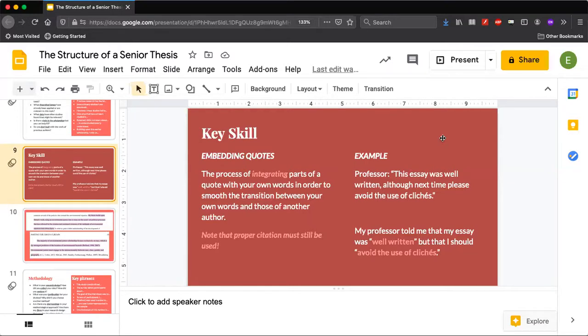So here's an example, not an academic example, but suppose your professor gives you some feedback. They say, this essay was well written, although next time, please avoid the use of cliches. Okay, that's a piece of feedback, great. Let's put that into a sentence of our own, summarize or paraphrase that information, and embed some quotes.